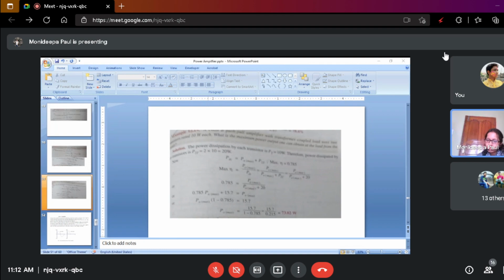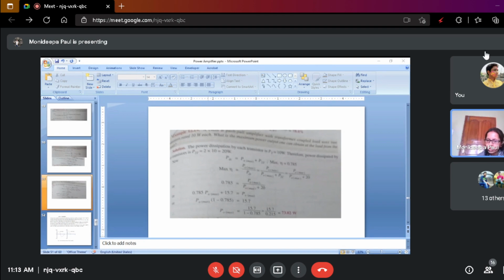Yes or no? Yes, ma'am. So instead of writing the input in the denominator, you write P output plus P dissipated, and you see that P dissipated you already find. That is 2 into 10, that means 20 watt. You just put the value.